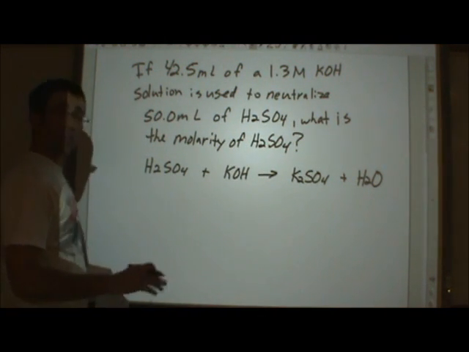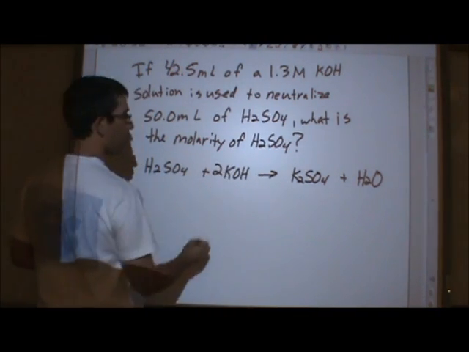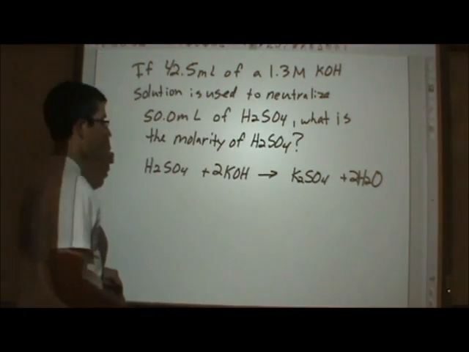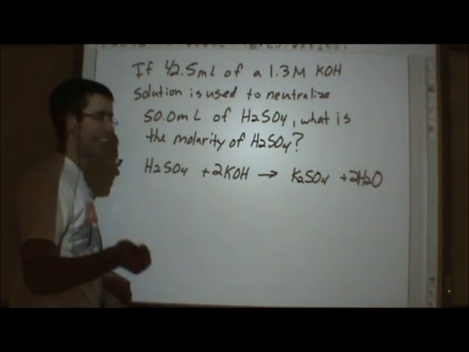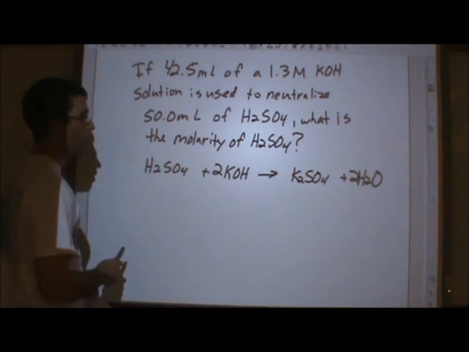Alright, so with all that being said, we got to balance this, so I know I'm going to need a 2 right there, and we're going to need a 2 right over there. And I'm going to be balancing quickly. If you need some help with balancing, please come in for extra help.